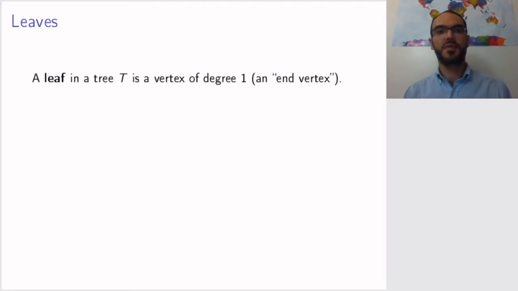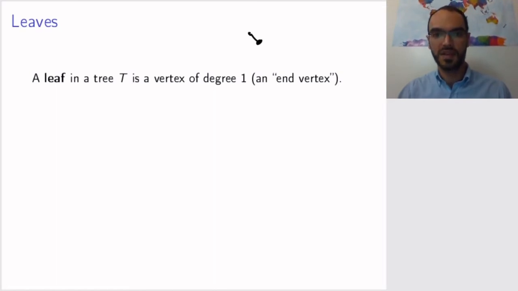Using this theorem, we can say something about leaves in a tree. The terminology about trees is inspired by the fact that we're calling them trees, so it's very forestry. A leaf is a vertex of degree 1, or an end vertex.